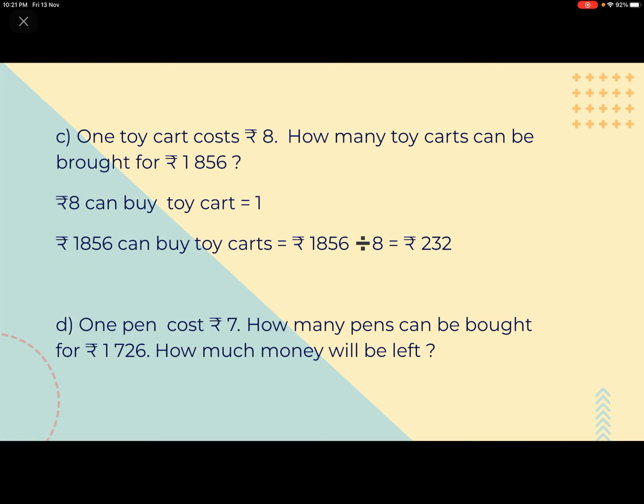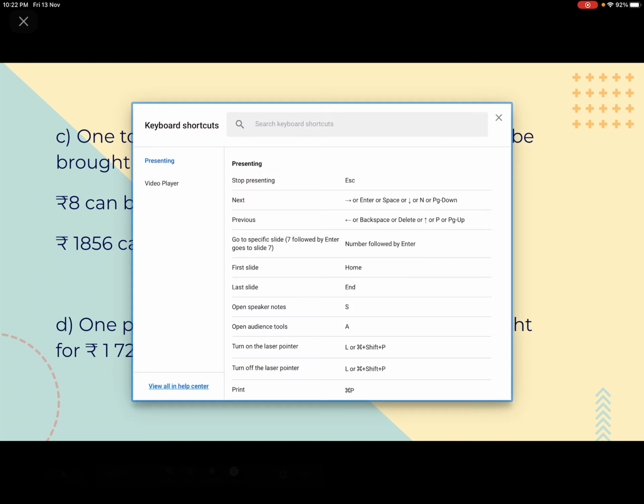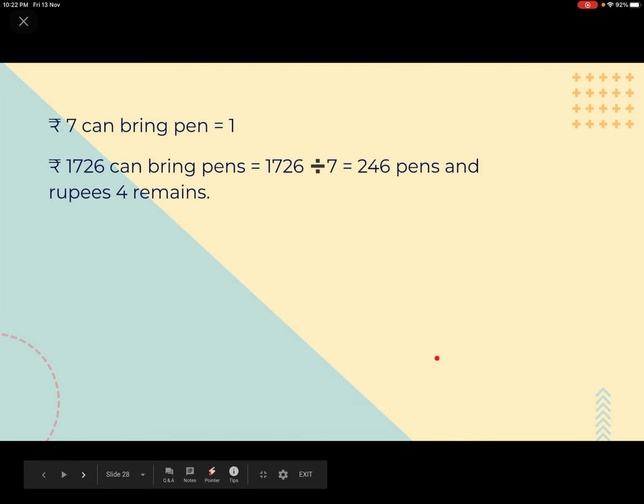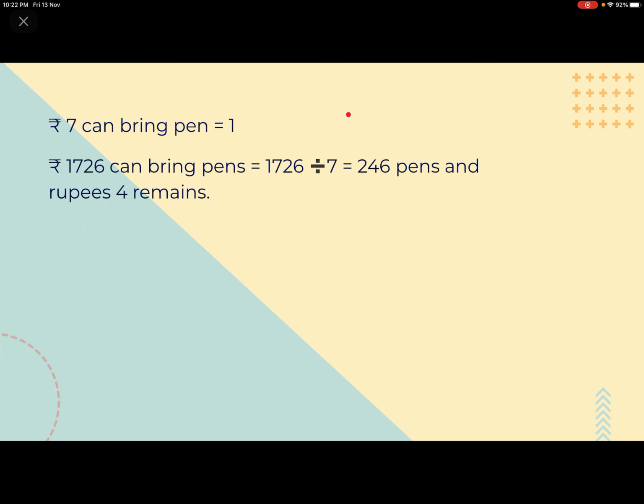Last question. One pen costs rupees 7. How many pens can be bought if I have a total of rupees 1726? And how much money will be left? So rupees 7 can bring how many pens? 1. How much rupees do I have? 1726.